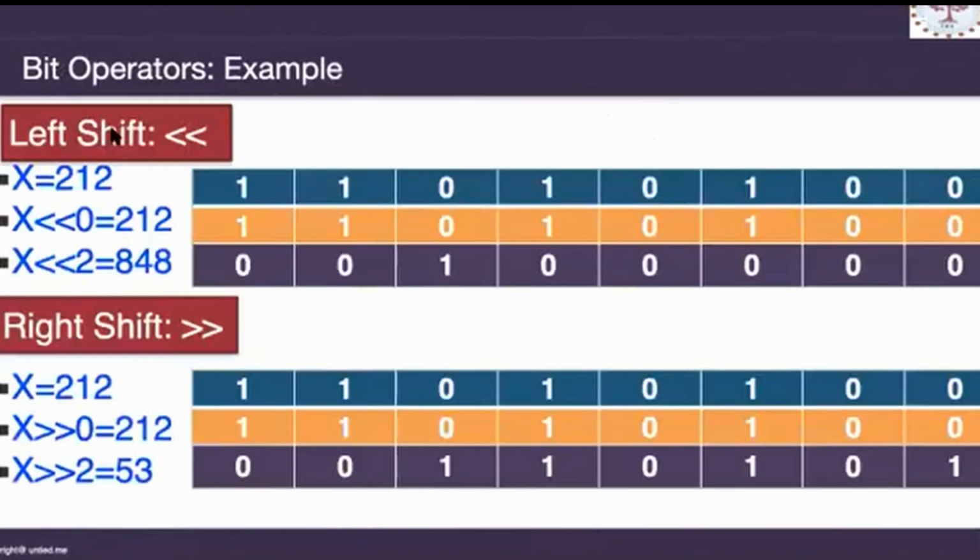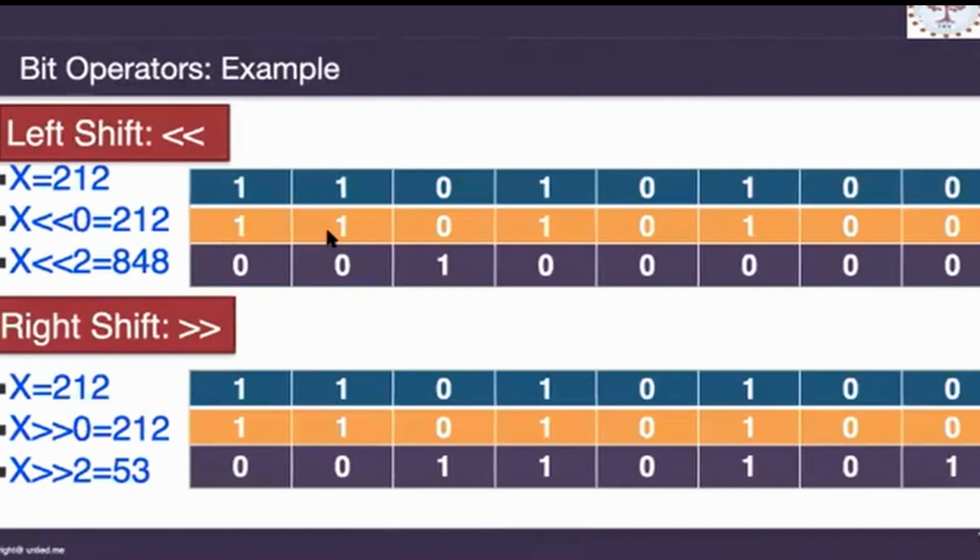So let's understand the left shift. Suppose you have variable x equals 212 and it will be represented like this in your memory. This is the bit representation of 212. Now if you say x should be shifted by zero places, it means x should not be shifted.